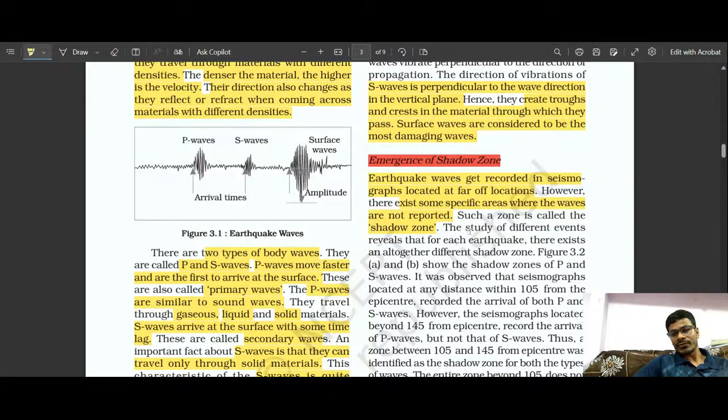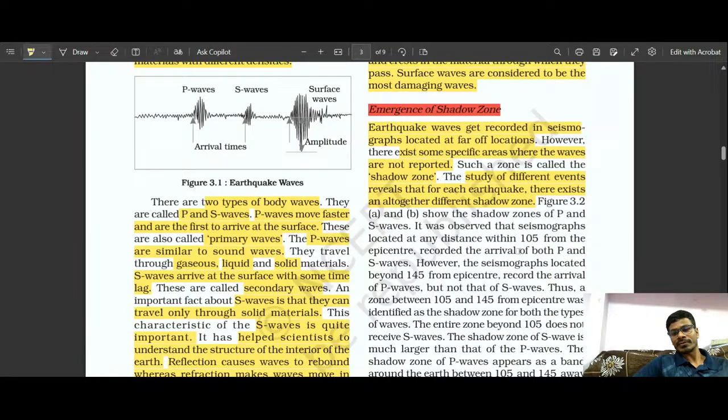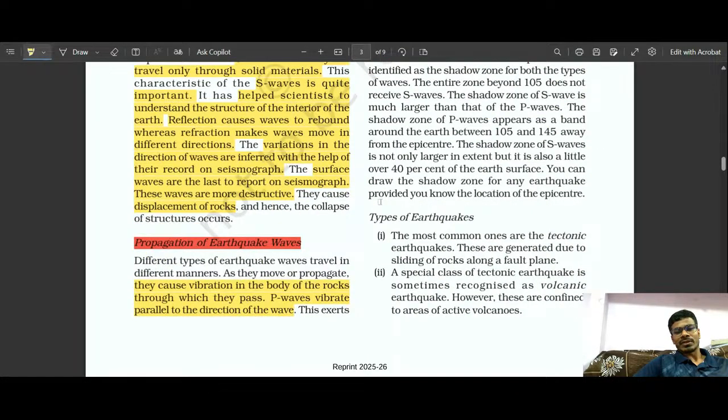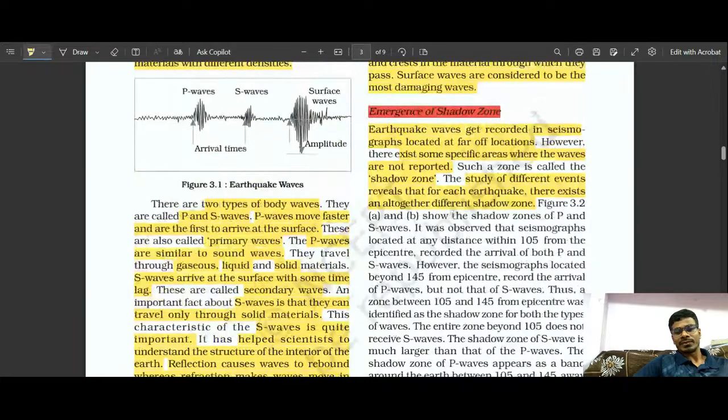The study of different events reveals that for each earthquake there exist altogether different shadow zones, which all do not have the same shadow zone. Figure 3.2, we'll see into that. Moving ahead, we'll see that also.